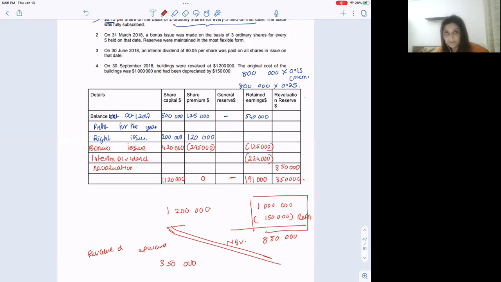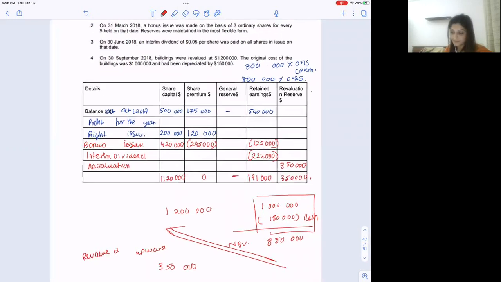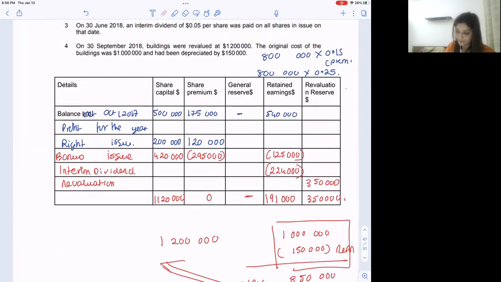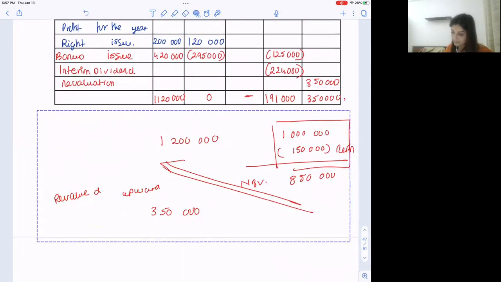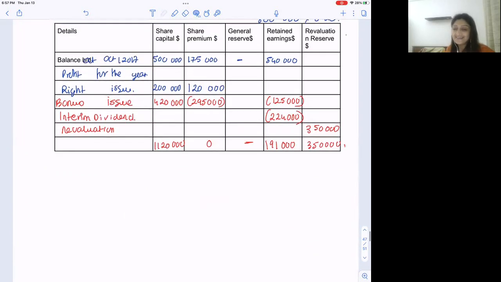Can you distinguish between capital reserves and revenue reserves? I've sent 2 videos, right? From the hard disk, not YouTube. Please watch that.